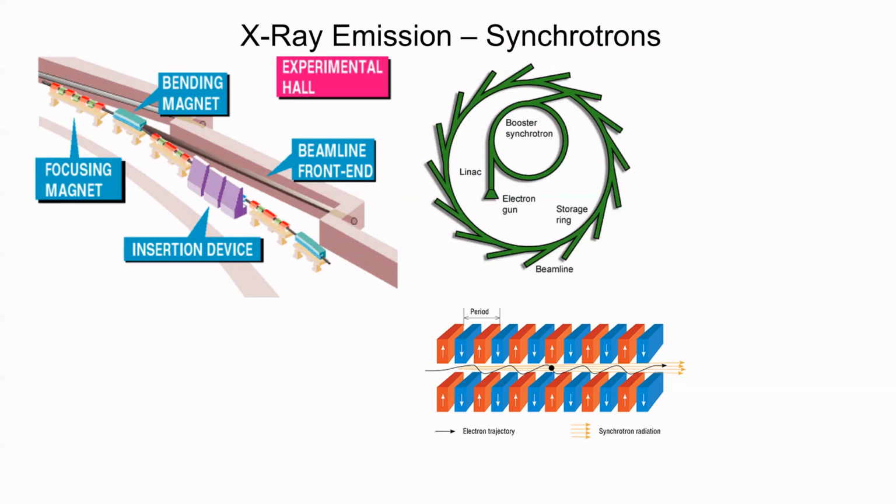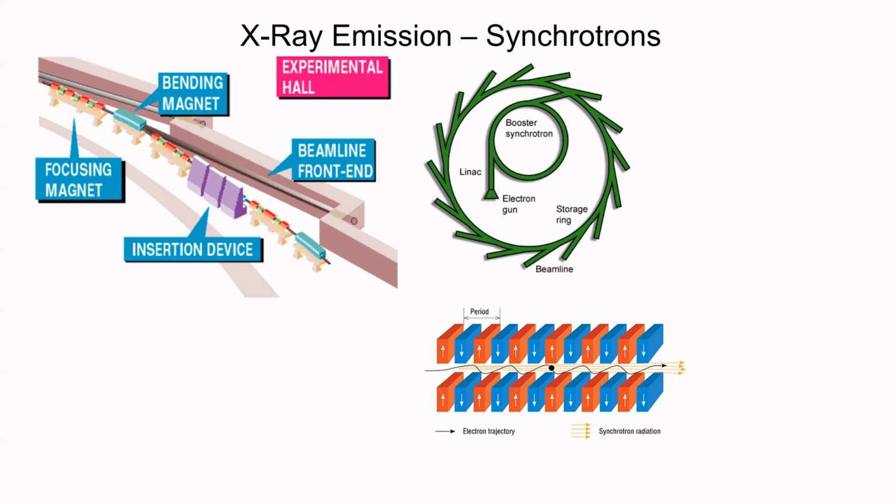And every single pulse of light that's going past you is coming past many millions of times a second. So typically the Swiss light source, if I remember correctly, runs at 80 megahertz. So you get a pulse of X-rays every 80 megahertz. And that then allows you to do some time resolved measurements as well. So you can get some really quite sophisticated things going on where you're not just using different wavelengths, but you're also able to do different timing experiments.